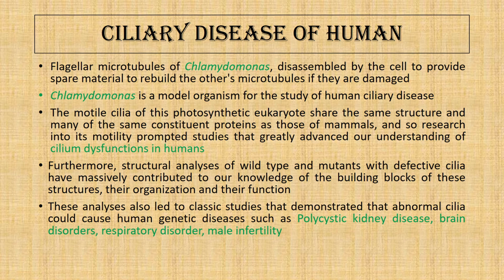So as the protein composition is similar, by just the study of the assembly, the disassembly, and various other processes related with the microtubules of the flagella, we can get to know about diseases like polycystic kidney disease, any brain related disorder, any respiratory disorder, or disorder related to male fertility.